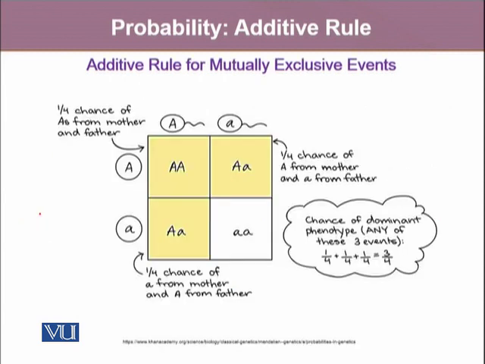Look at the additive rule in this Punnett diagram, which shows a similar situation: we have 4 possibilities, and out of these 4, there are 3 possibilities where we get our event of interest. Hence, the probability is 3/4 for the chance of a dominant phenotype.